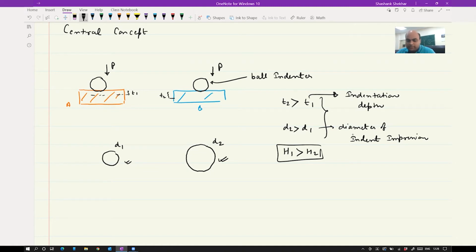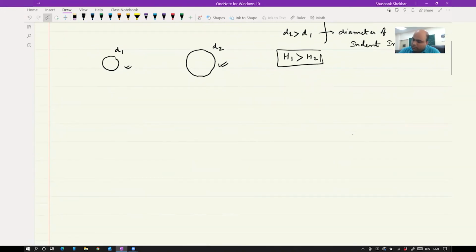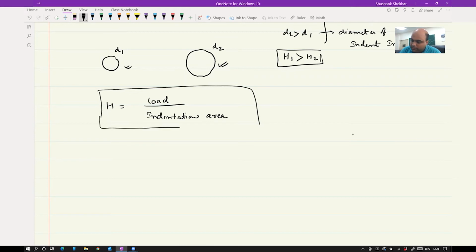In general, hardness can be written as load divided by indentation area. This is what we are going to use when we talk about Brinell and Vickers hardness.